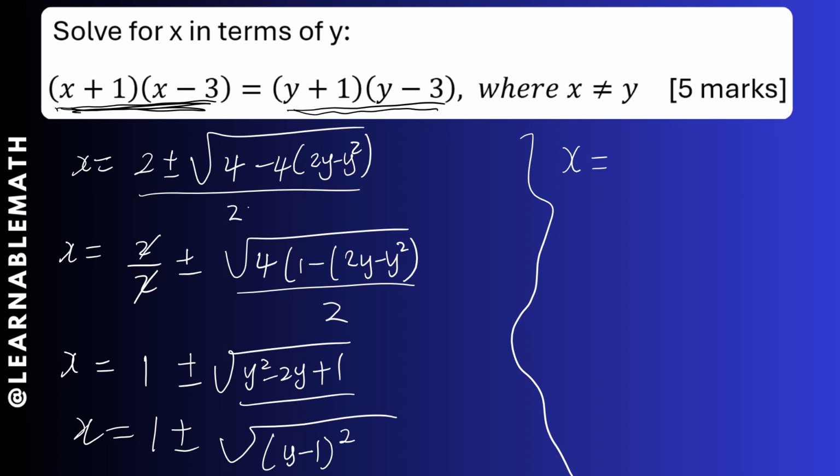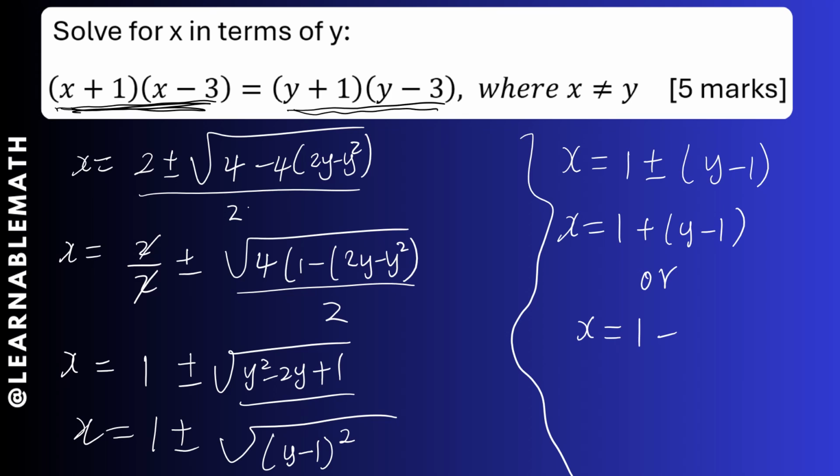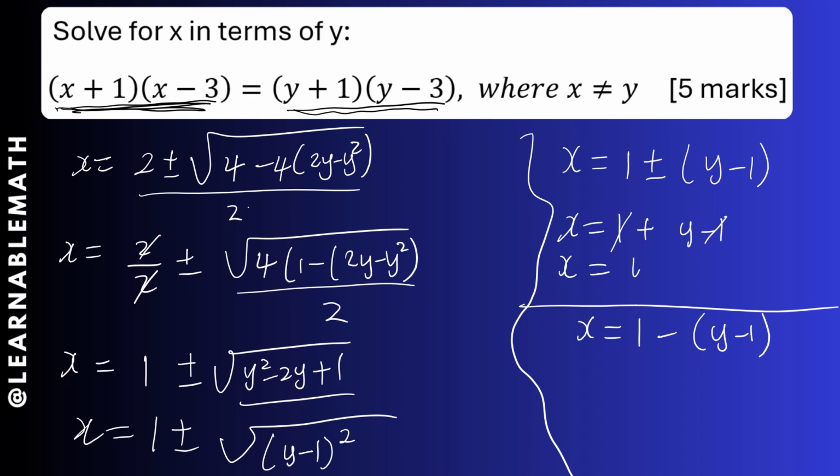Then we have x equals 1 plus or minus (y minus 1), because the square will have cancelled the square root. Then you have x equals 1 plus y minus 1, or x equals 1 minus (y minus 1). Let's further simplify this. The one on top, 1 minus 1, gives x equals y.